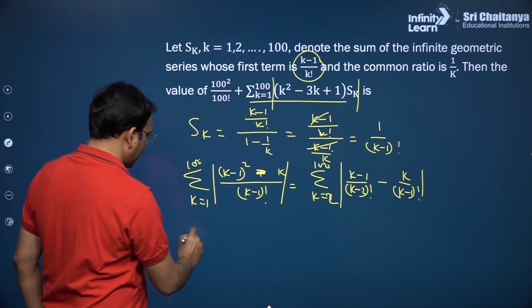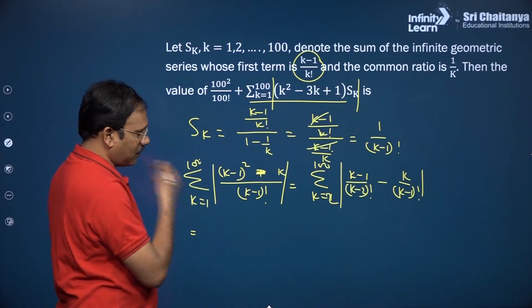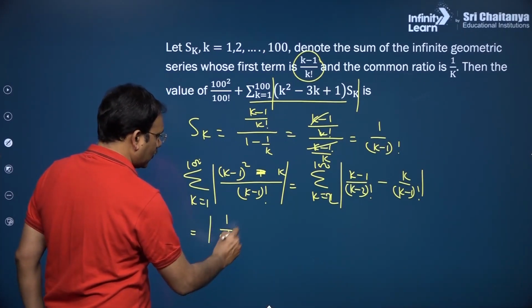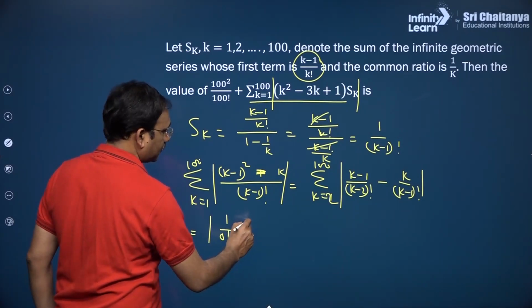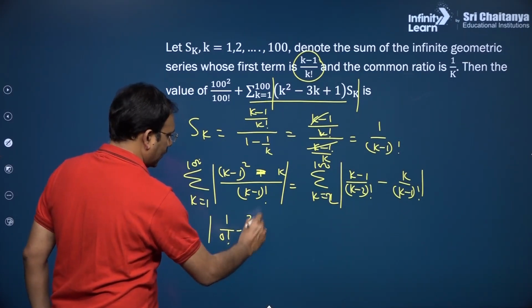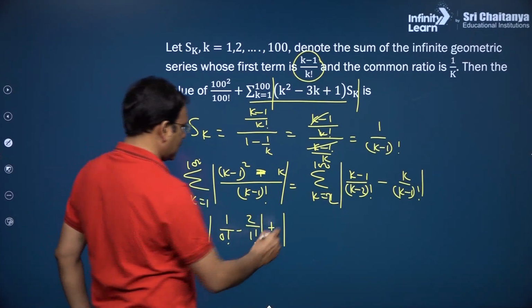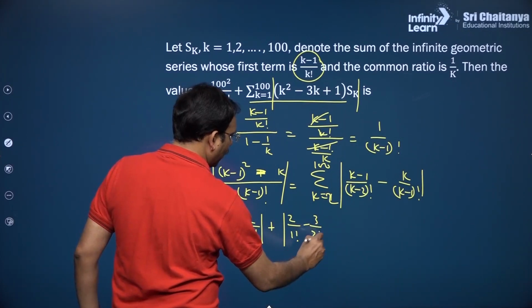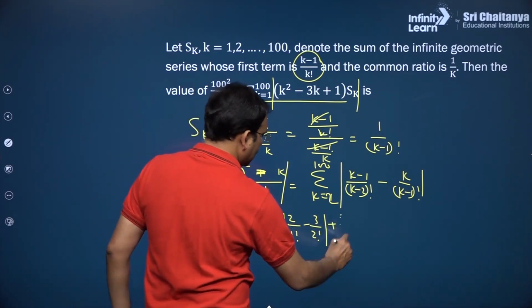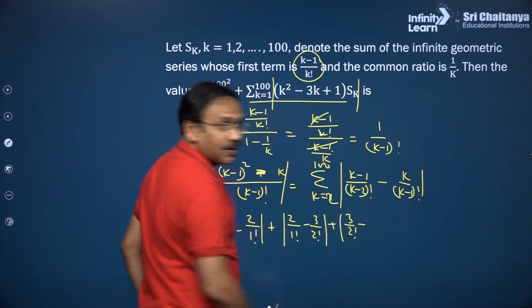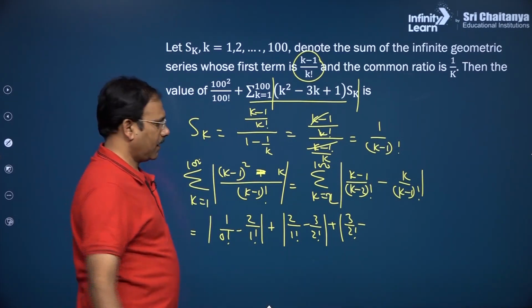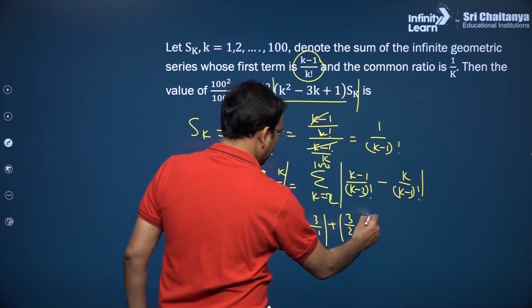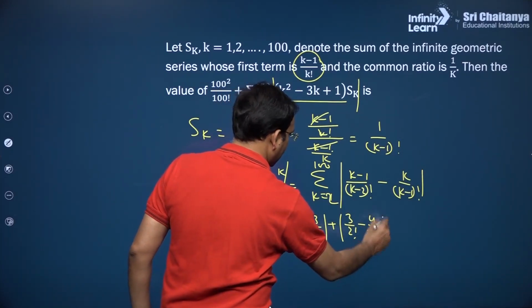If you substitute, my dear friends, if you apply sigma, the first one is (2 minus 1), 1 by 0 factorial, minus 2 by 1 factorial, plus next one is 2 by 1 factorial minus 3 by 2 factorial, plus this is 3 by 2 factorial minus, we can say this is going to be 4 by 3 factorial, and so on.